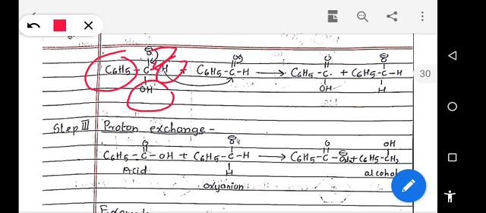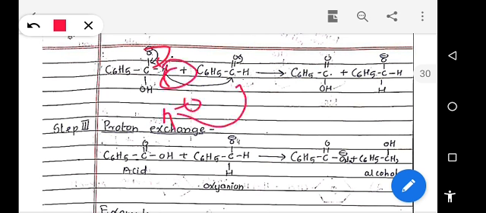In this condition the hydrogen is removed, and it shifts in the H minus ion form and attacks the other carbonyl carbon.